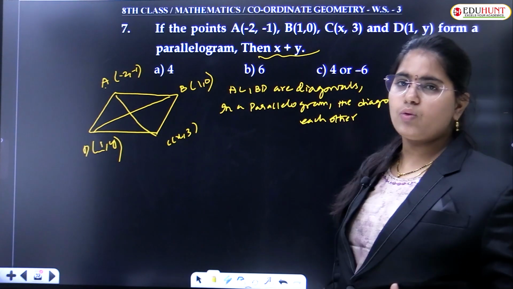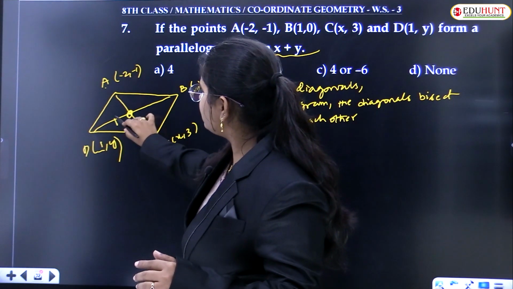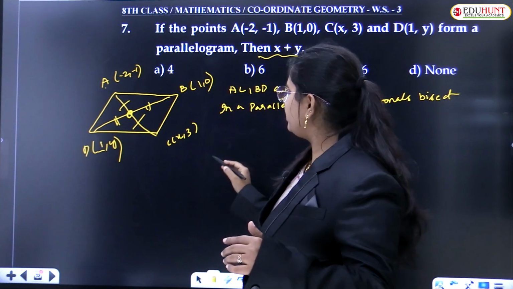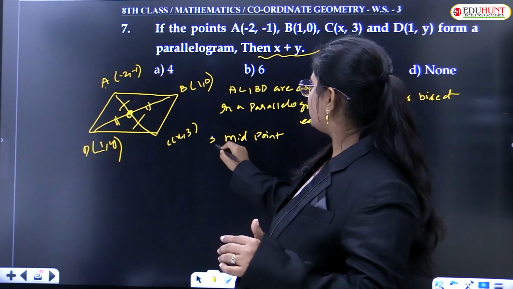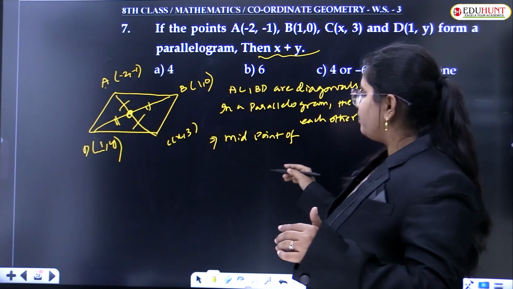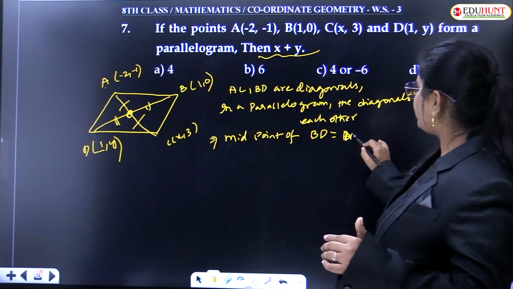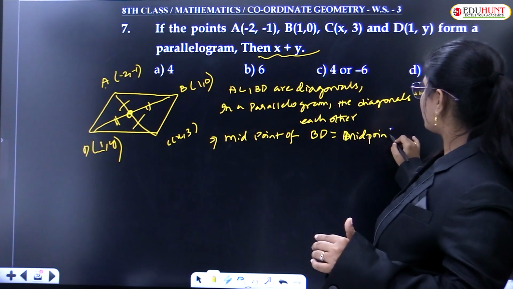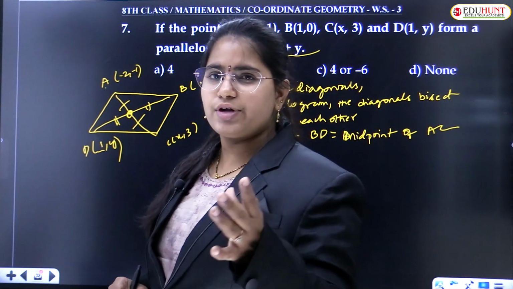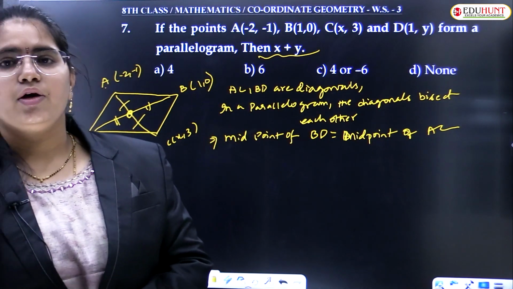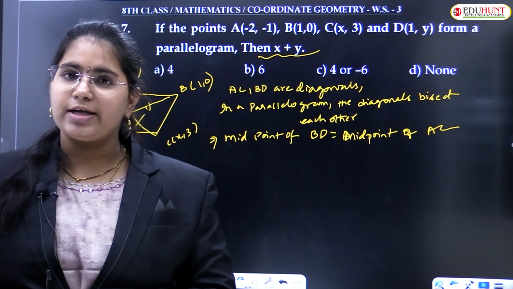That means this will be my midpoint. So the midpoint of BD is exactly equal to the midpoint of AC. Obviously, right? In a parallelogram, we know the properties of a parallelogram: the diagonals always bisect each other.